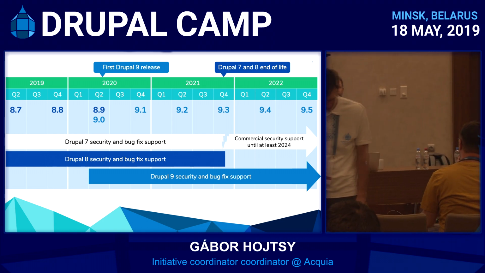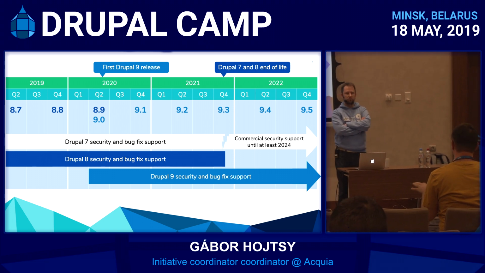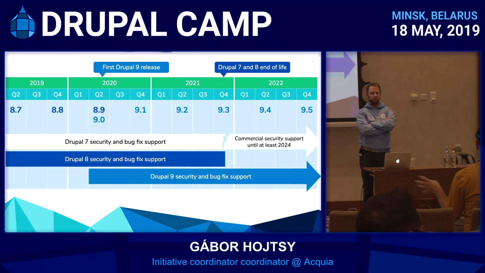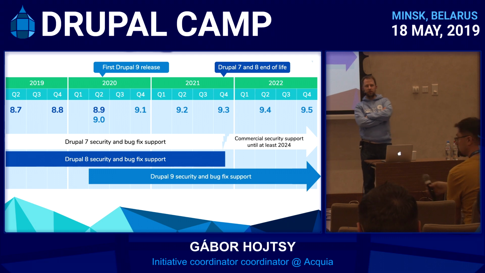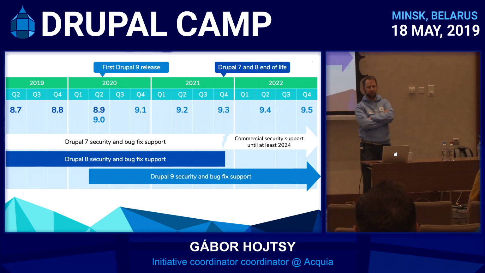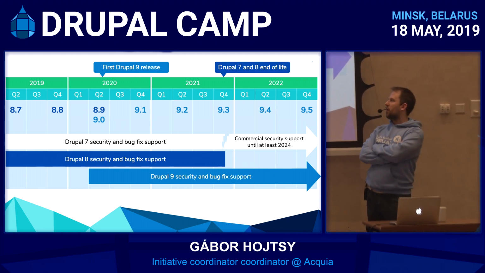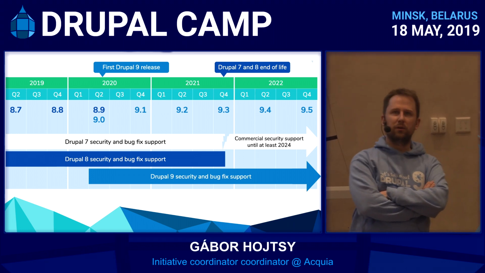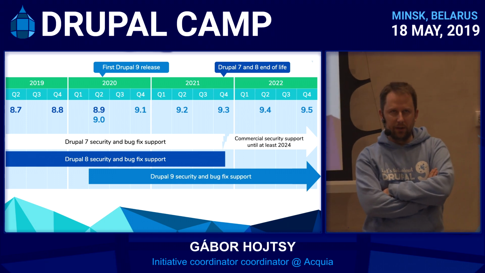So is it correct that 8.9 and 9.0 have exactly the same code, except for the deprecated code removed from 9.0? Yeah, so the question was, are 8.9 and 9.0 exactly the same code except for deprecations and third-party dependency updates? Yes. We have not encountered anything that we would need to do otherwise. We are one year out from that release date.